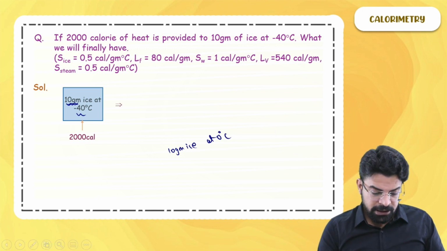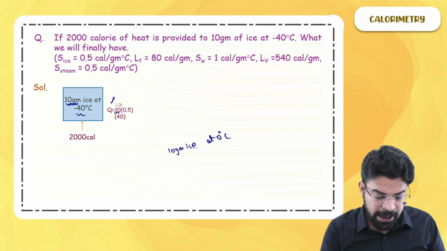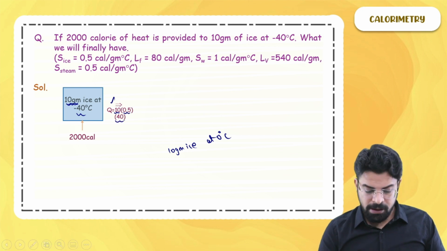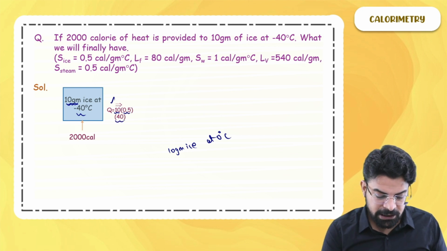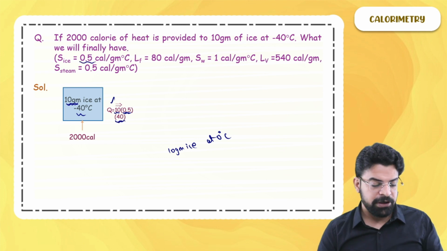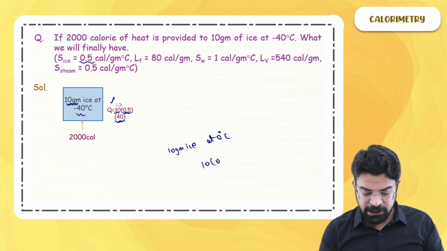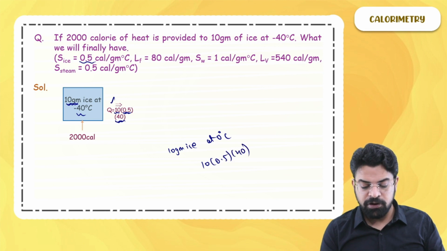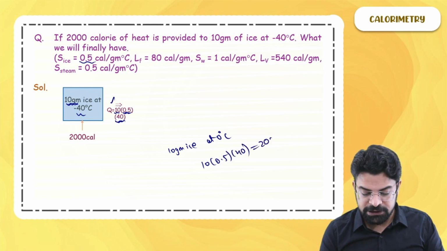The heat required will be m s delta T. Mass of the ice is 10, specific heat of ice is 0.5 and delta T is 40. So the heat required is 10 into 0.5 into 40. 40 into 0.5 is 20, 20 into 10 is 200 calorie.